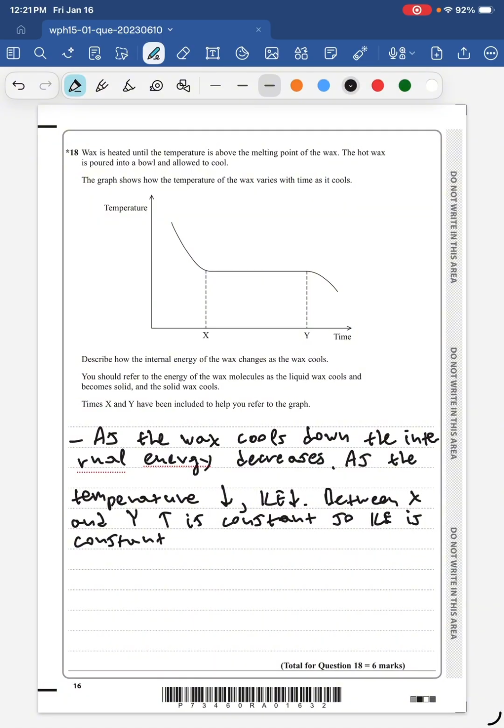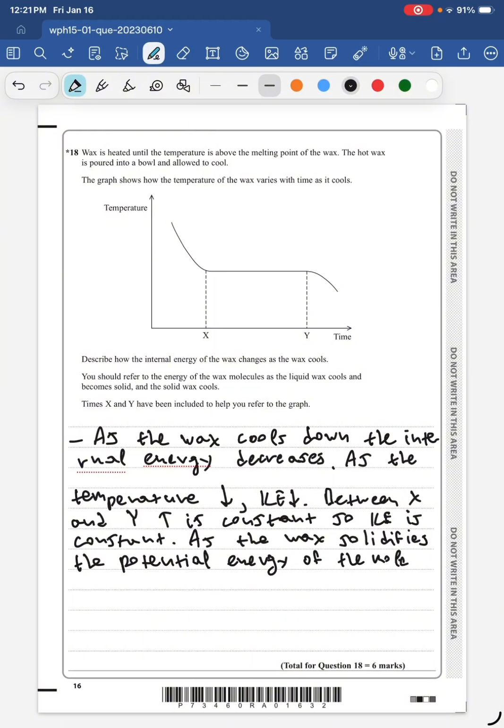As the wax solidifies, the potential energy decreases. The potential energy of the molecules decreases.